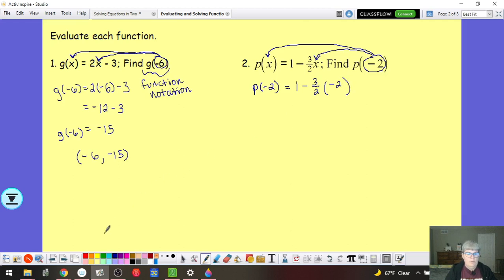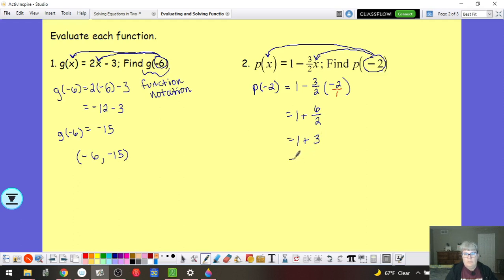Now remember, when you're multiplying with a fraction and you have an integer, you can write the integer over 1. So that when you multiply numerator times numerator and denominator times denominator, you'll end up with the fraction you need. The other thing we need to look at here is we're multiplying a negative times a negative. So that's going to become positive. 3 times 2 is 6. 2 times 1 is 2. 6 over 2 reduces to 3.